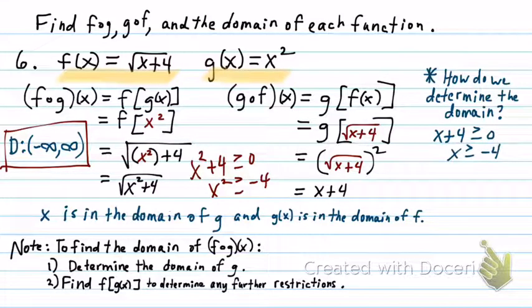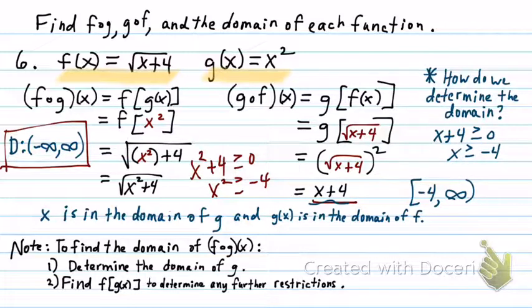So our domain for f is x is greater or equal to negative 4. Now if you look at the output, x plus 4, we don't have any further restrictions. So this is our domain, x is greater or equal to negative 4. In interval notation we write negative 4 to infinity.